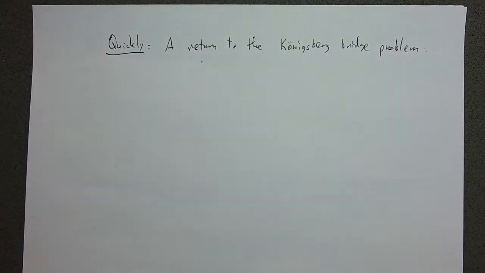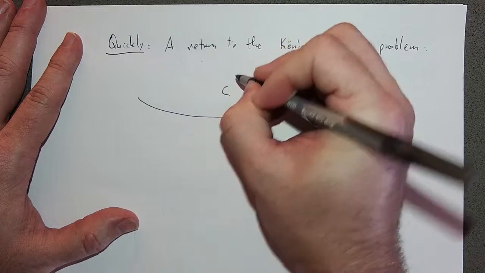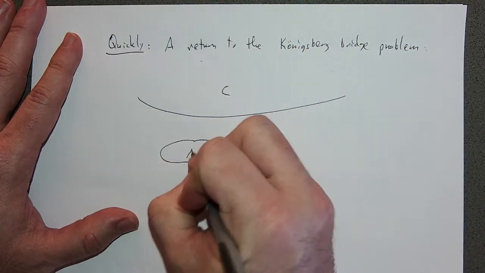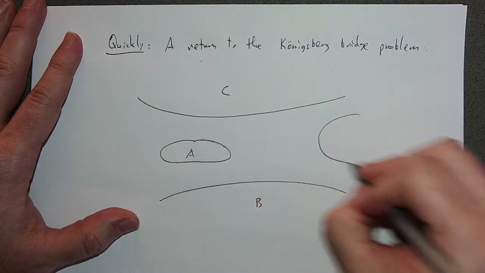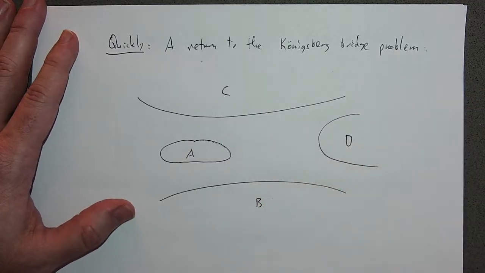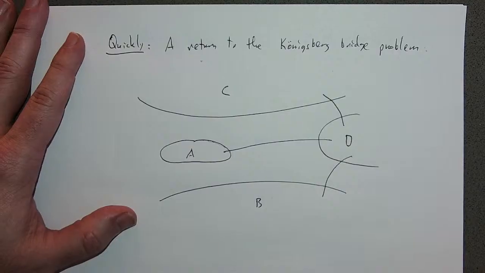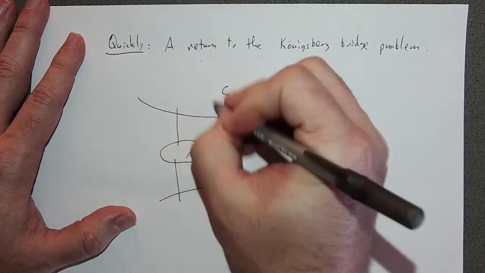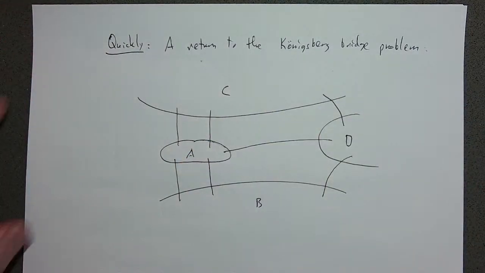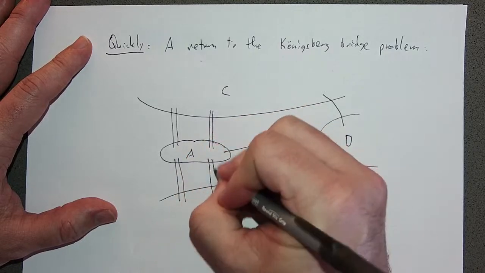So recall, you had a landmass, we'll call it C, you had a landmass A, you had another landmass B, and you had a landmass D. And there was a bridge between A and D like this, bridges connecting D to both B and C, and then bridges like this. Maybe to make it clear here that these are bridges, I'll do this.